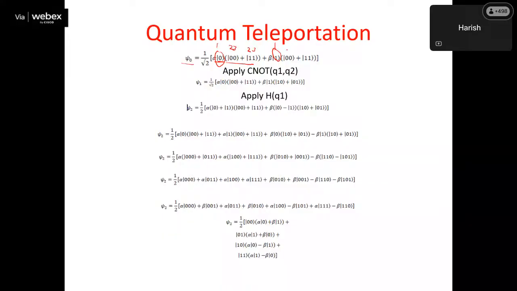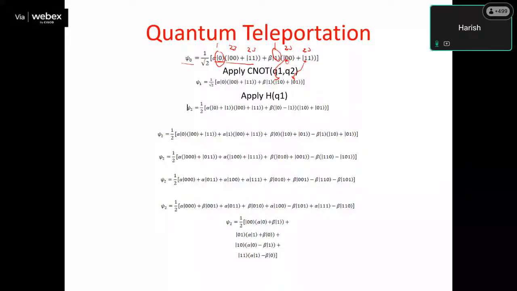In this case the first qubit is 0, so they remain the same. In this case the first qubit is 1, so it changes the second qubit. The second qubit is this one, so this will become 1. In the same way, since the first qubit is 1, the second qubit will be flipped, and it has become 0.